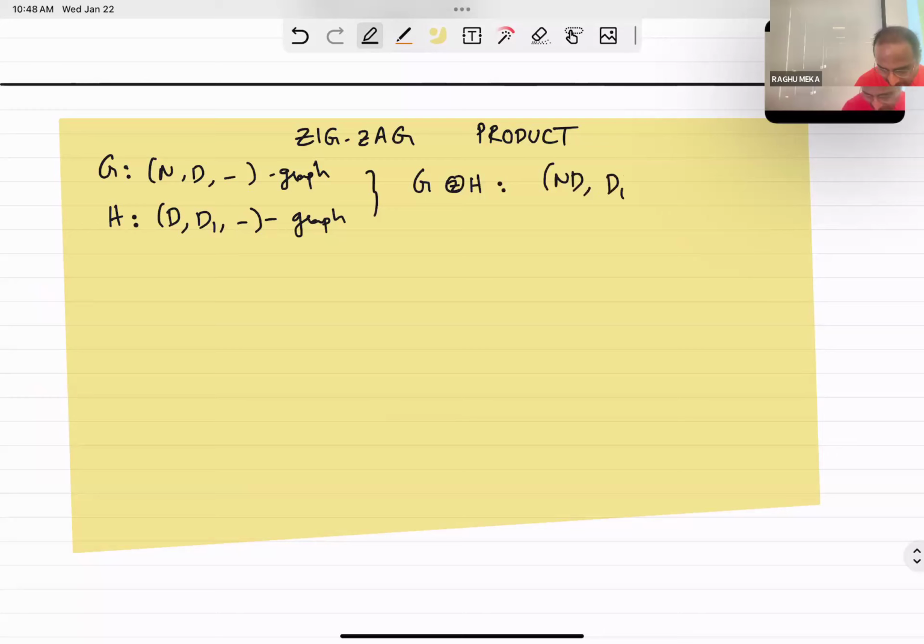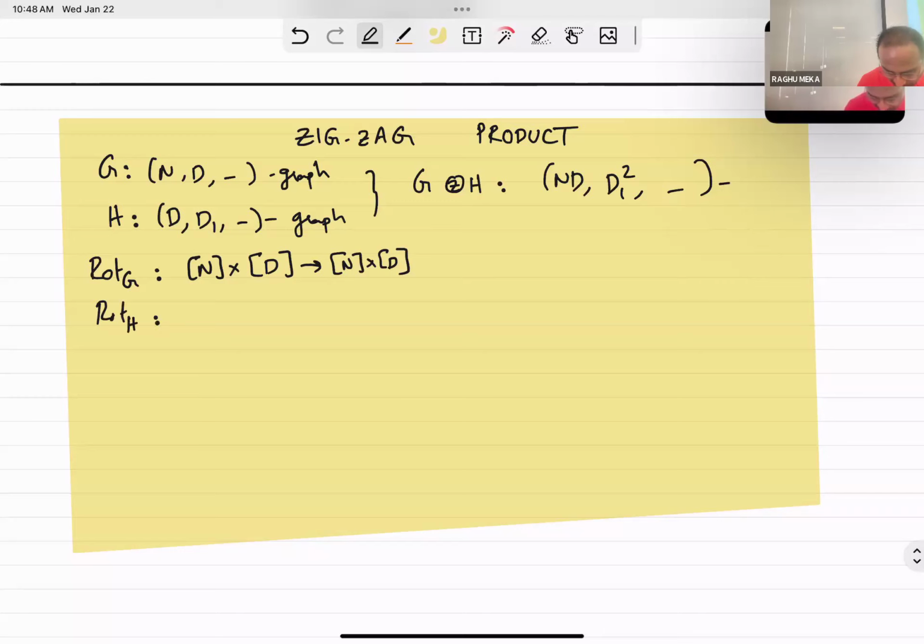It's an (N·D, D1 squared) graph, and given the rotation map of G and the rotation map of H, I'm going to tell you how to compute the rotation map of the zigzag product.